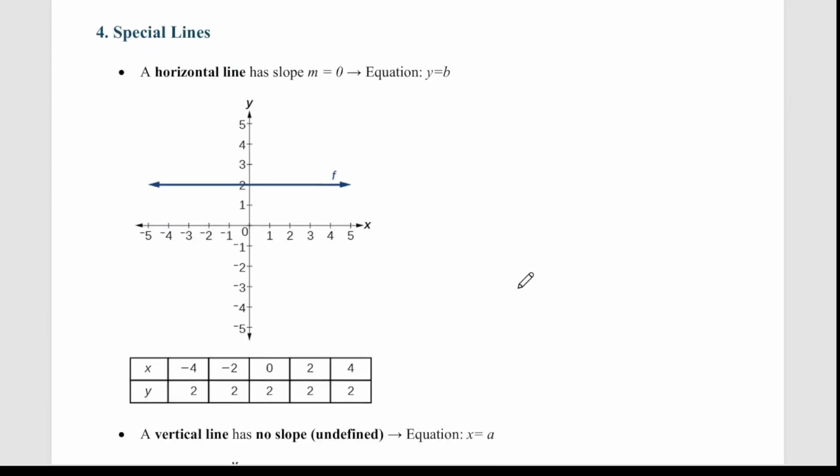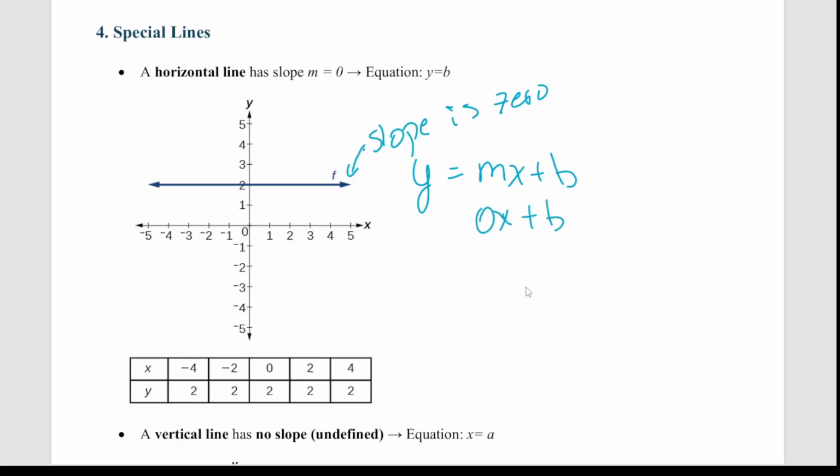Last but not least, let's go over some special lines, which we went over very briefly. If we have a straight horizontal line, that means that our slope is 0, which means in y equals mx plus b, we're plugging in 0 for m, and you're just left with the equation y equals b, because y is always, for all of these points, exactly equal to the value that's also the y-intercept, in this case 2.